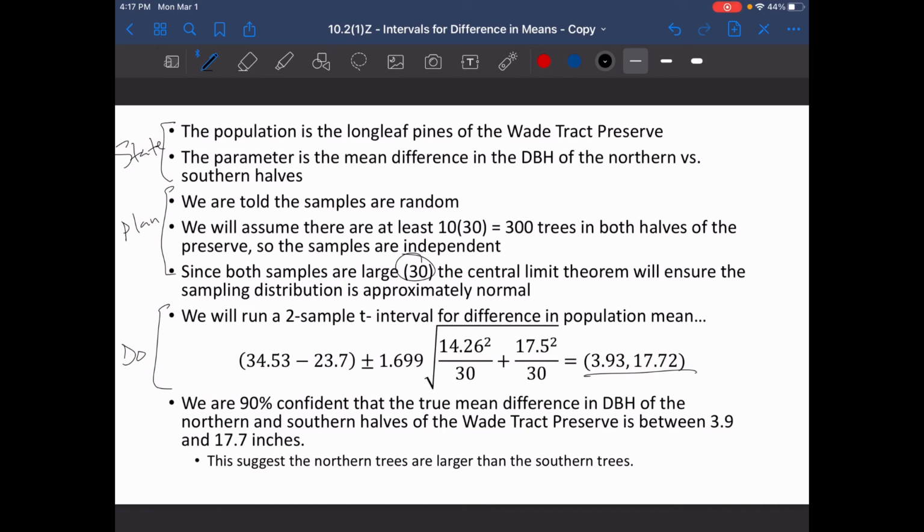And if we were running a confidence interval at a 90% confidence level, we would conclude by saying that we are 90% confident that the true mean difference in DBH of the northern and southern halves of the Wade Tract Preserve is between 3.9 and 17.7 centimeters. So this suggests that the southern trees are definitely larger than the northern trees.